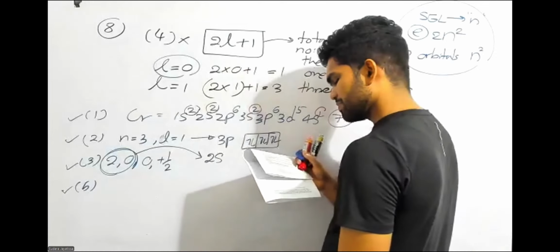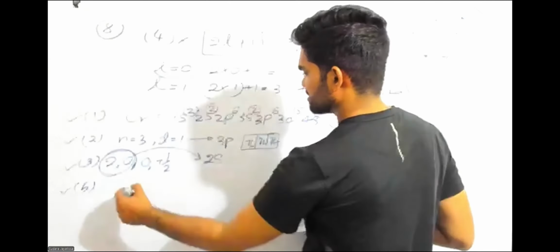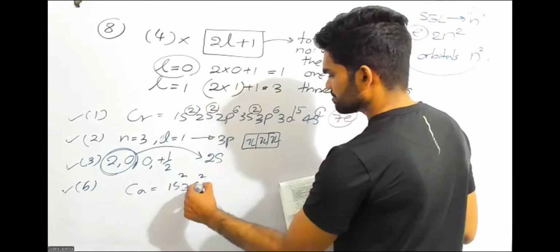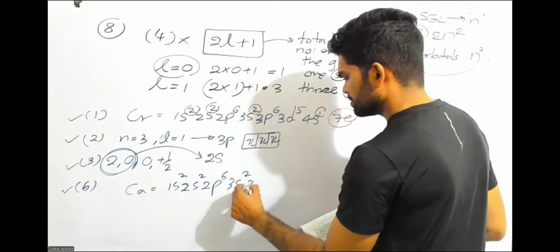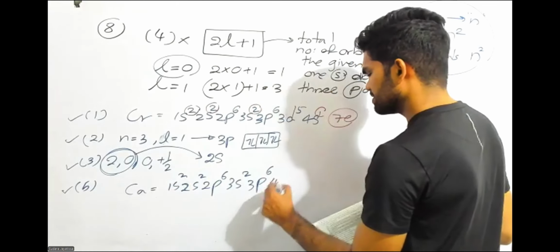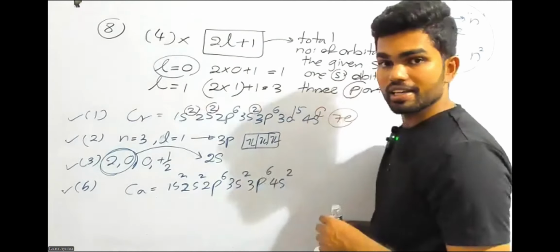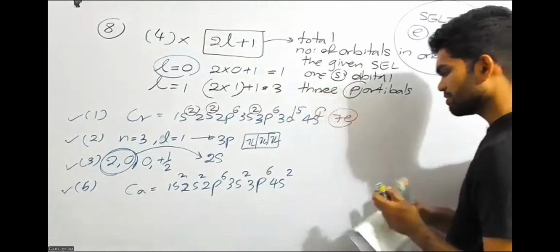Okay, calcium has 4 electrons with magnetic quantum number Ml plus 1. Write the configuration of calcium and understand. 3s2, 3p6, and 4s2. So calcium has only s and p electrons, right? So s electrons do not have Ml plus 1.